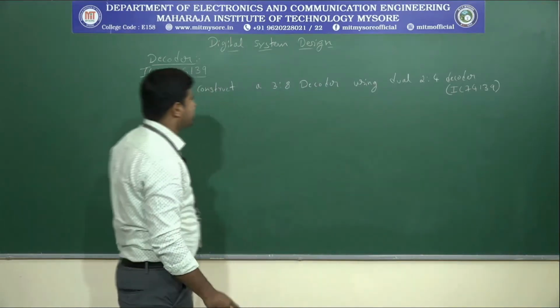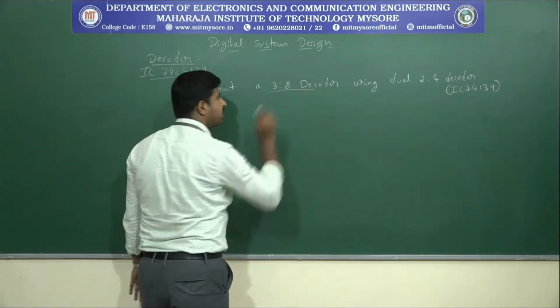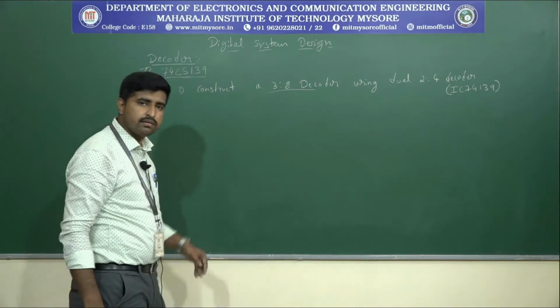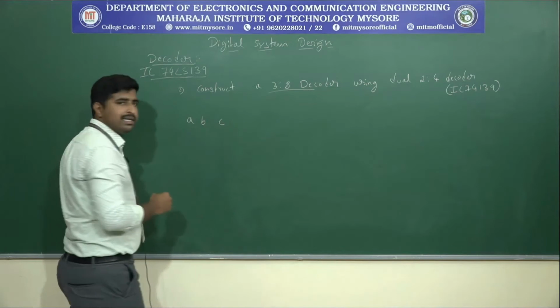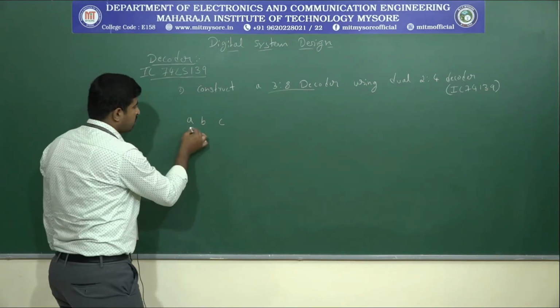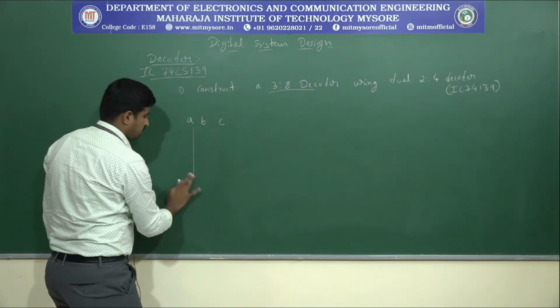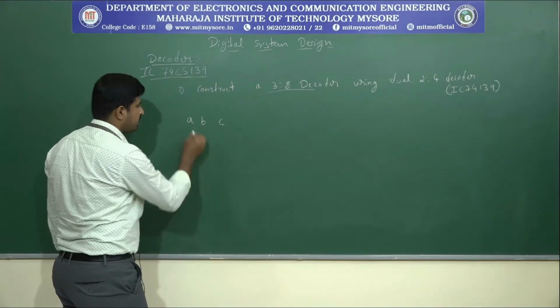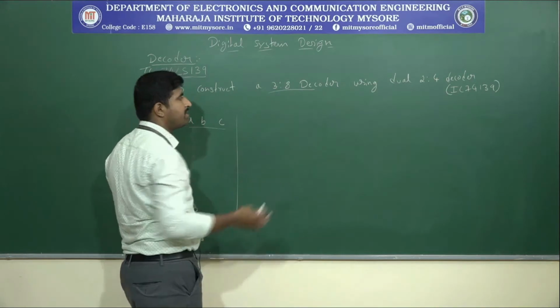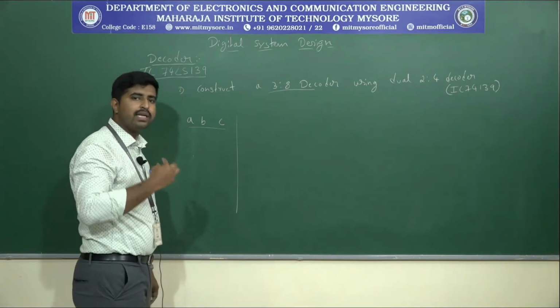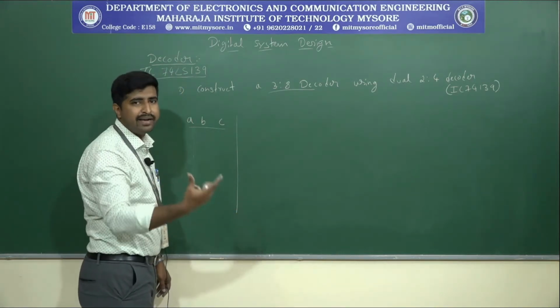Okay, so first of all let's have the 3:8 decoder truth table. Assuming this one, we have inputs A, B, C. So three inputs, and the decoder's outputs will be 8, right? Decoder means we are going to convert 3-bit coded data to 8-bit data.